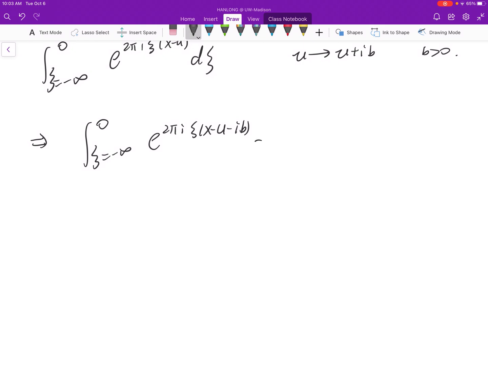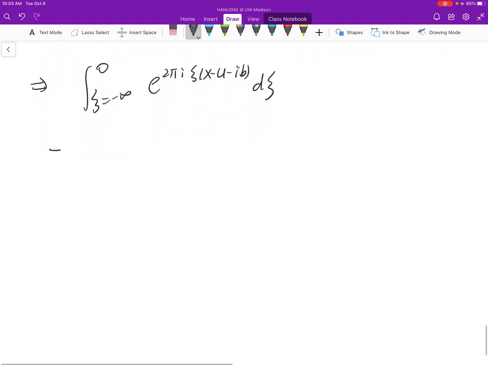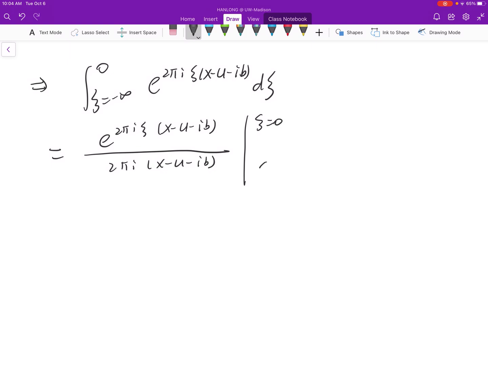But now, from the formula, if you do the integration, then you have the exponential divided by 2πi(x−u−ib), evaluated at ξ from 0 to negative infinity.